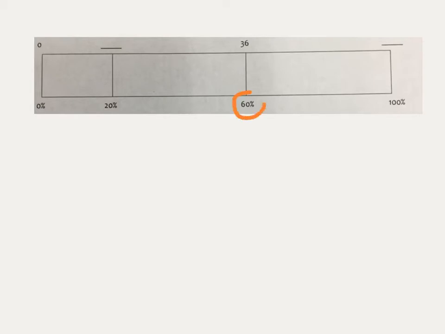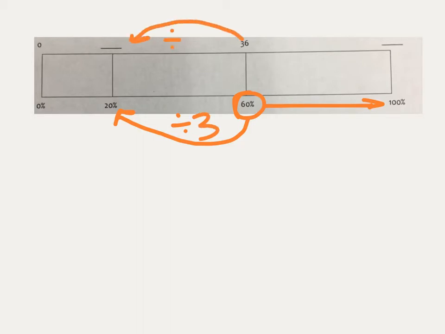I see that I can't get from 60 to 100, but I could go from 60 to 20 by dividing by 3. So that if I divided 36 by 3, I would get 12. Now, I don't need 12. I need the unknown value for the entire class.